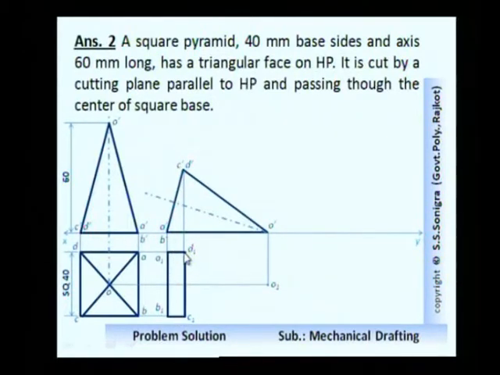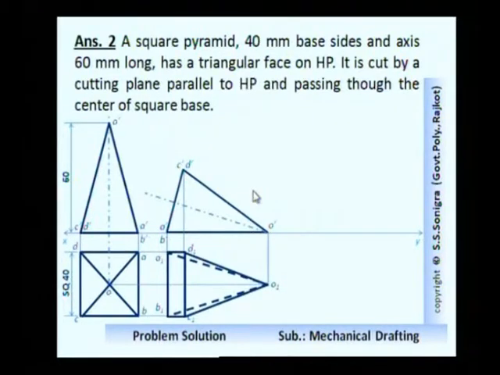And join the endpoints C1 and D1 with apex point O1 with a straight line like this. O1 to D1 and O1 to C1. And O1 to A1 and O1 to B1 will not be visible if you look from the top side. So join O1 to A1 with a dotted line, and O1 to B1 with a dotted line. So these are the projections of the solid of the given data.